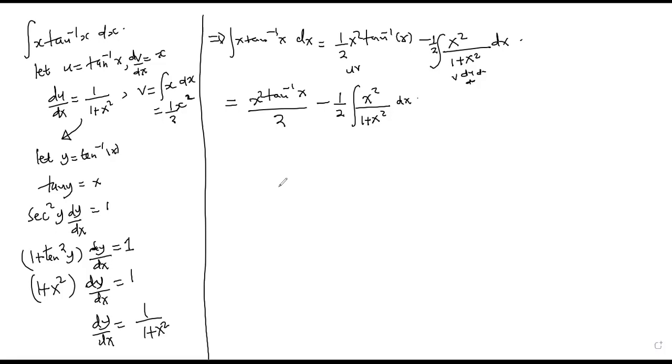Okay. So by long division, let me say for the integral of x squared over 1 plus x squared dx, we are dividing x squared by x squared plus 1.